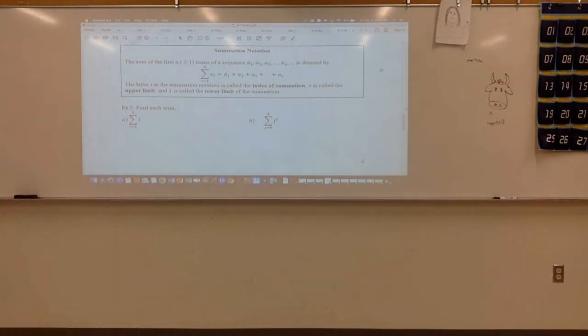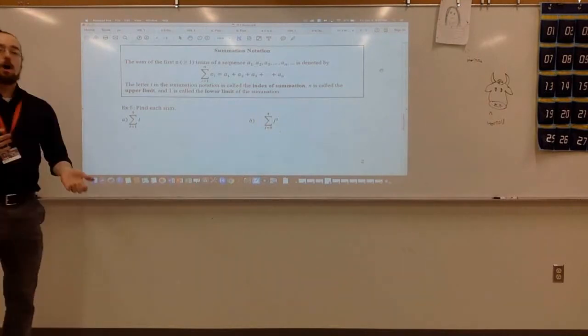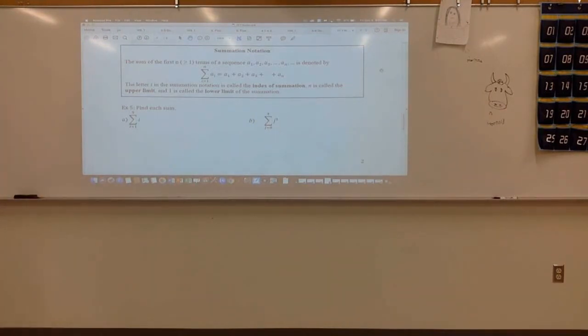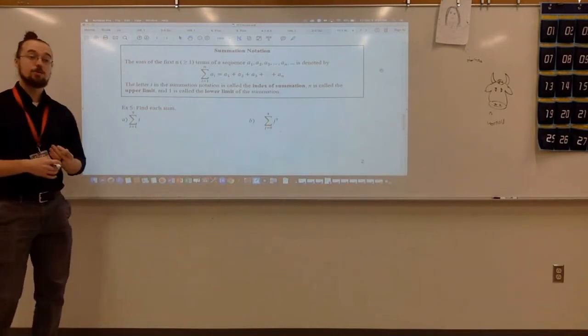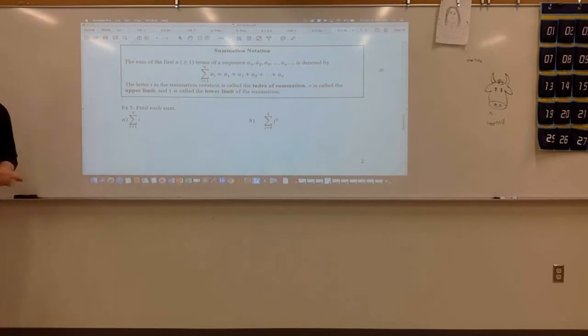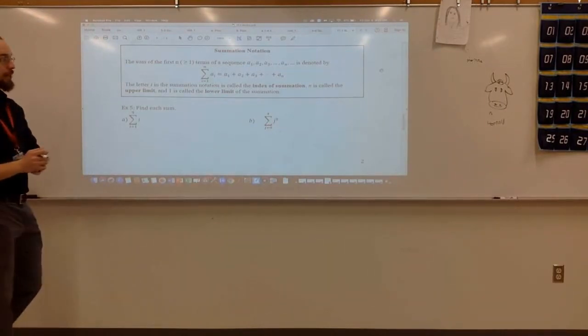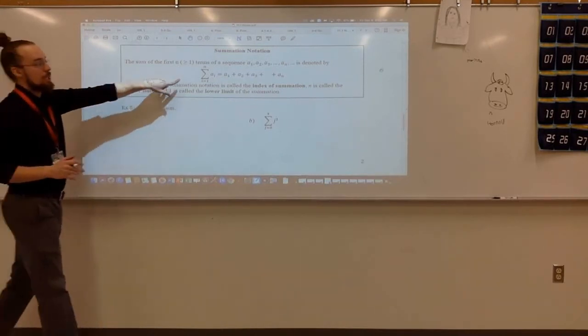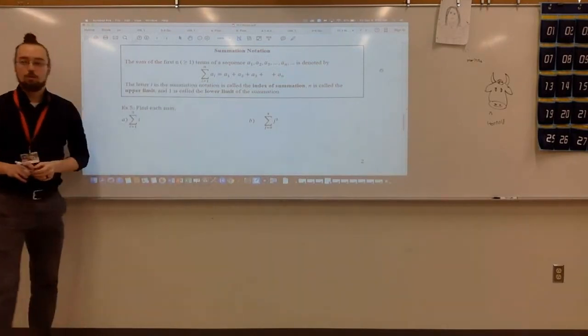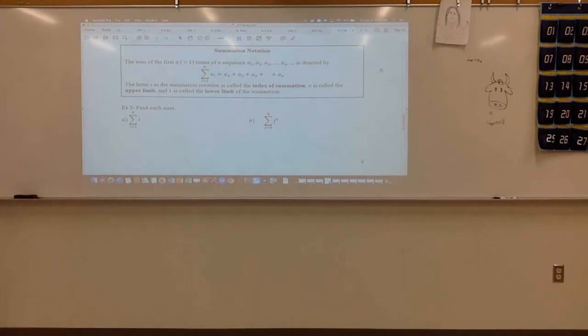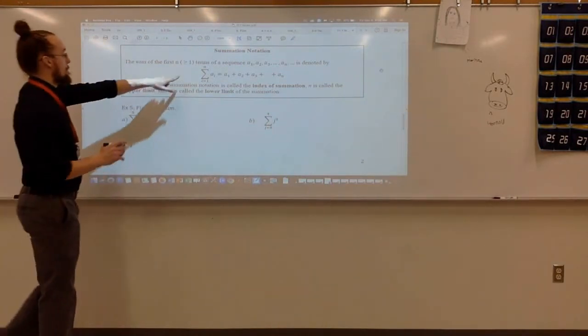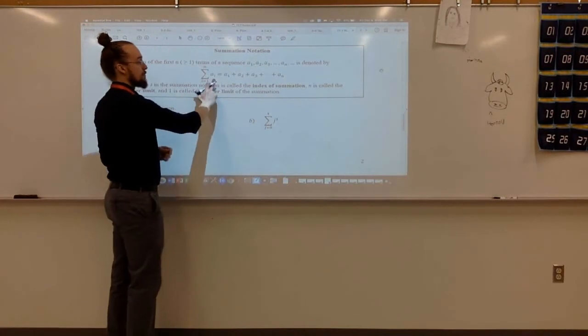The last idea in this section then is to talk about the sum of a sequence. The sum of a sequence is also called a series. So I'm just taking a list of numbers and adding them all together. For this, we are going to use what's called summation notation. It's just a big old sigma.